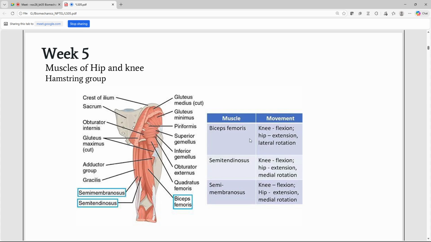Biceps femoris and these two equally take part in knee flexion and hip extension. Biceps femoris helps in lateral rotation, whereas semitendinosus and semimembranosus help in medial rotation. So whichever is starting with semi helps in medial rotation.